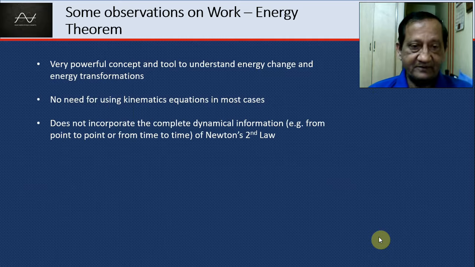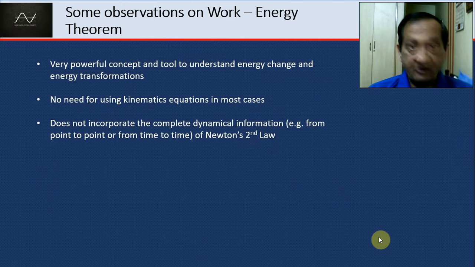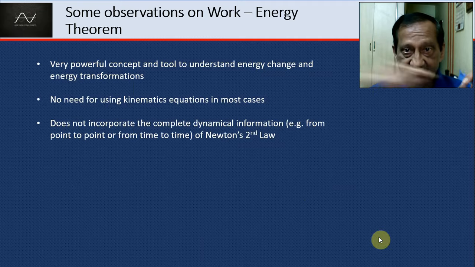However, it does not incorporate the complete dynamical information from time to time or from point to point. It only relates the state of the body at one instant or at one position versus the state of that body at some other instant or some other position. Doesn't tell us everything that went on in between.